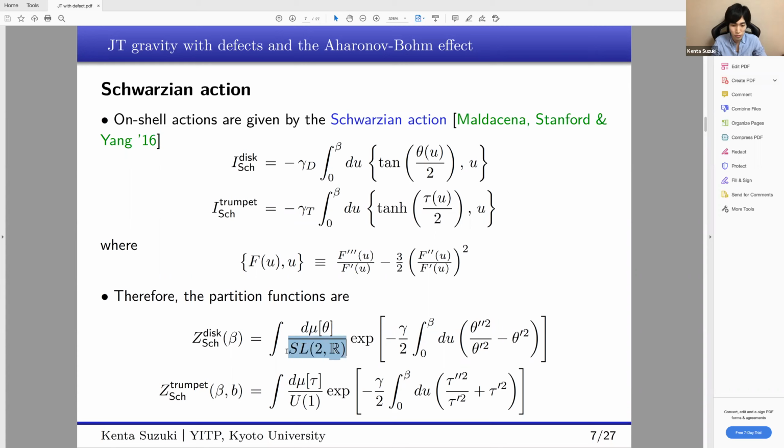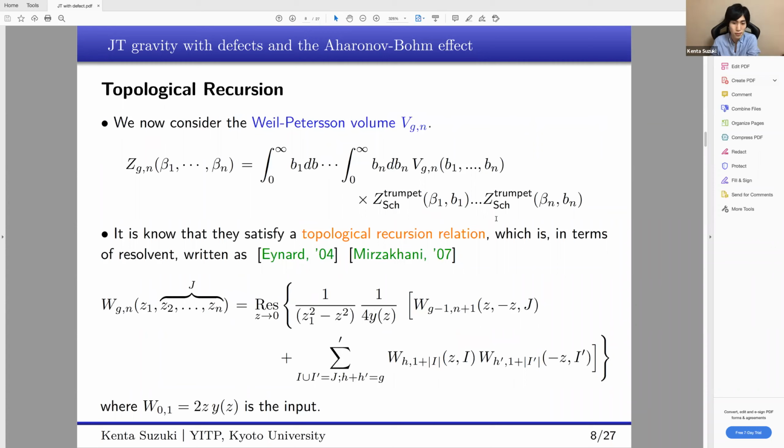And then finally, we also need to divide by the gauge volume corresponding to each global isometry, SL2R or U1 factor. So this gives the physical degrees of freedom. The remaining factor is the non-physical modular volume factor, which is this V_{g,n}, and this volume is called the Weil-Peterson volume.